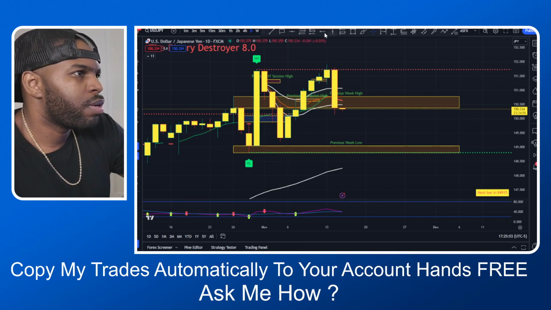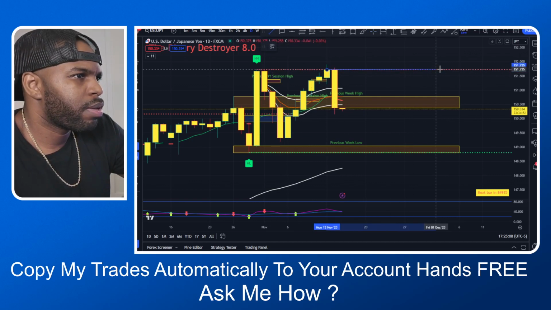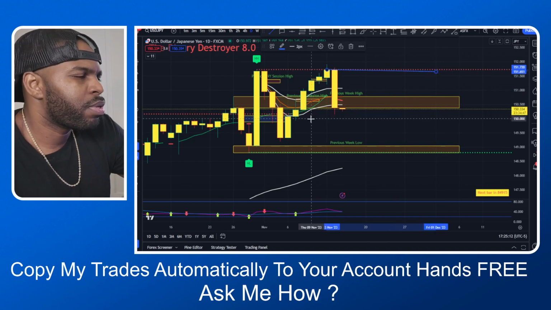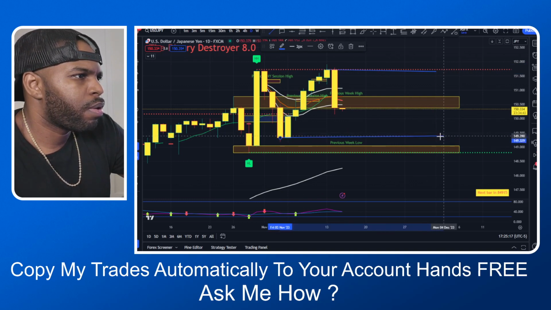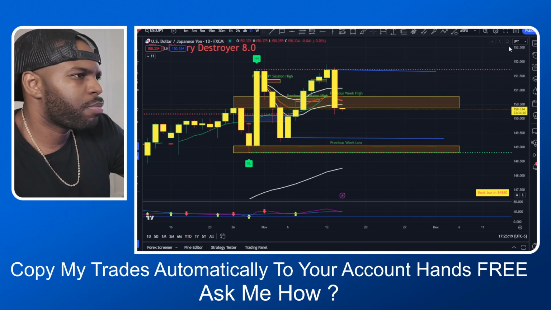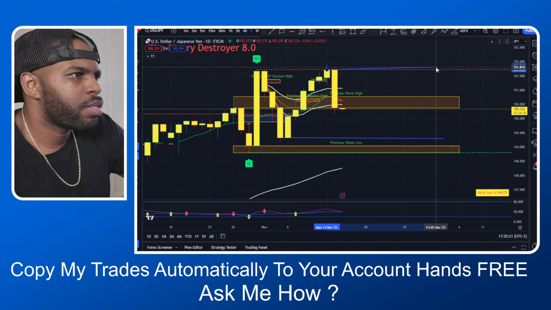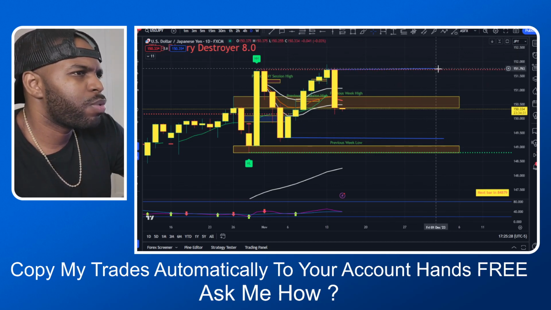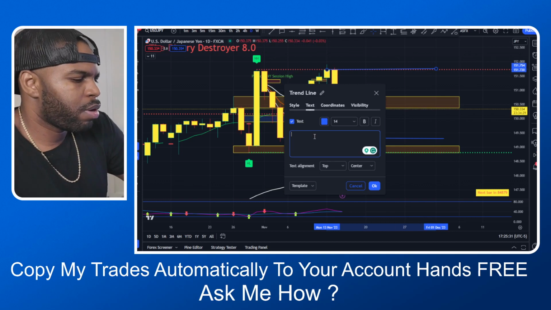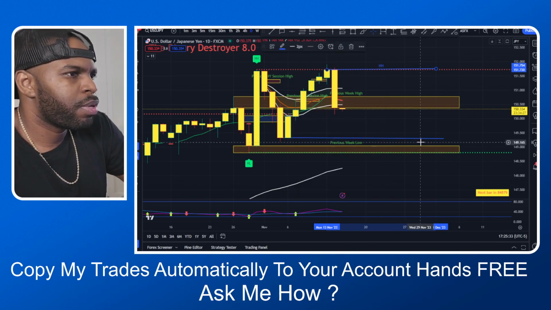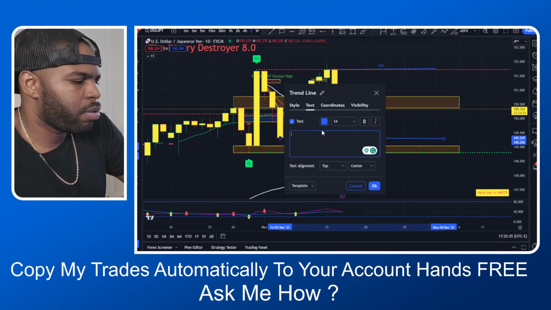So this is our higher high here, and then this is our lower low. All right, it's not perfect, but y'all get the idea. Okay, so when it comes to the weekly, this is our higher high, and this is our higher low.